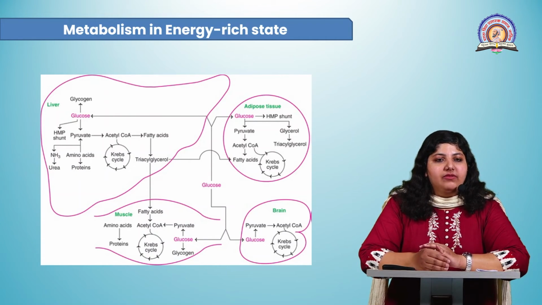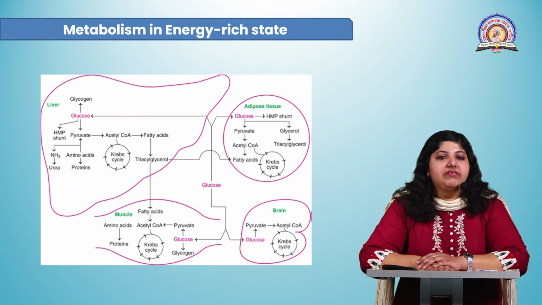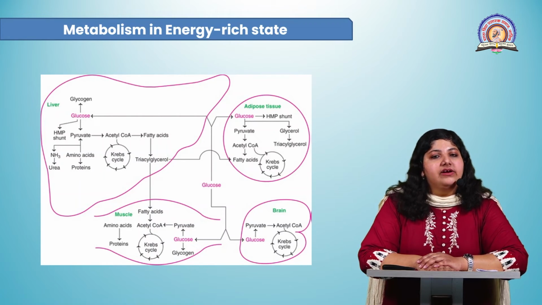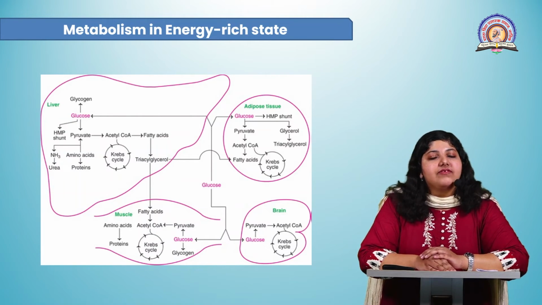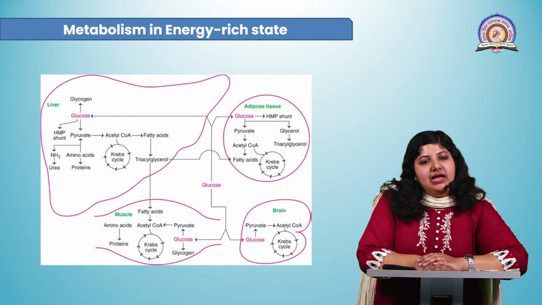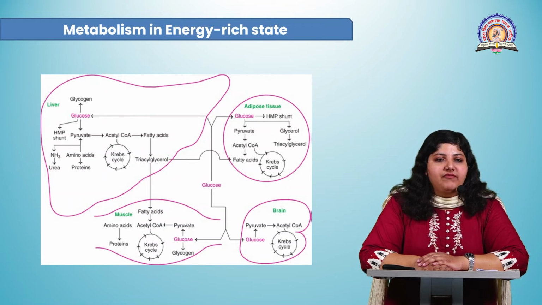So we will start with one organ at a time. Firstly, we will start with liver. Now you can see glucose is taken up by the liver, and since it is an energy rich stage, anabolism is favored. That is, synthesis of new compounds will be favored during energy rich stage. So glucose is taken up from the bloodstream in the liver, and since it is in high amounts, glucose will be converted to glycogen, which is a storage form of energy.